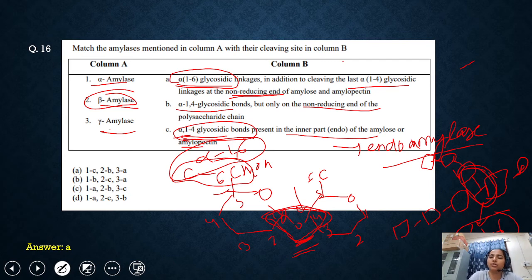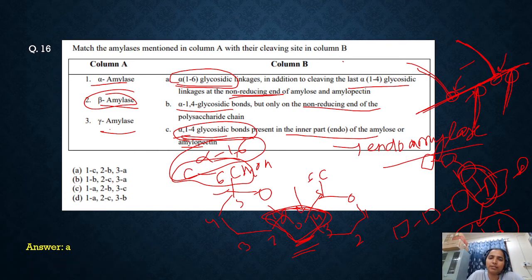So suppose this type of chain is present, this line I am making is a chain of amylose, so it also breaks this alpha 1,6 bond. That's why gamma amylase is used for breaking both alpha 1,6 and alpha 1,4 glycosidic bonds at the non-reducing end.